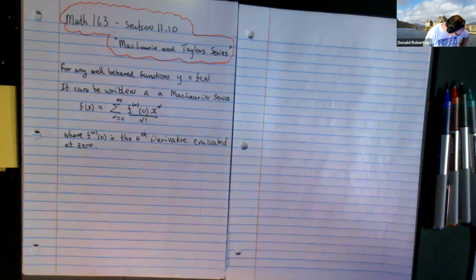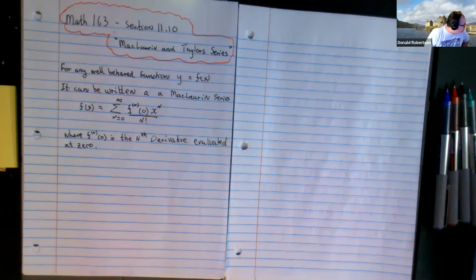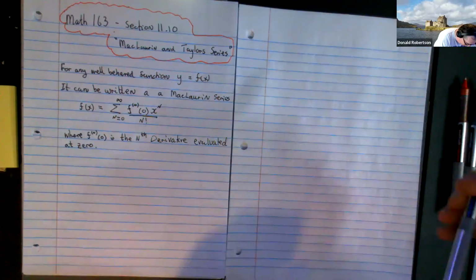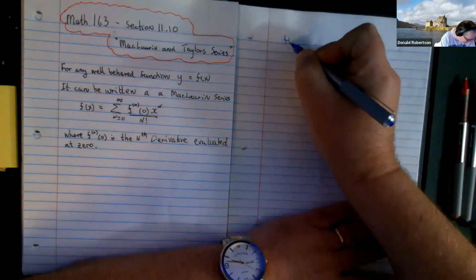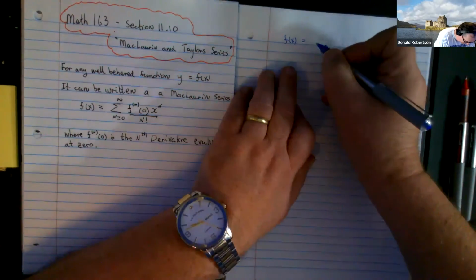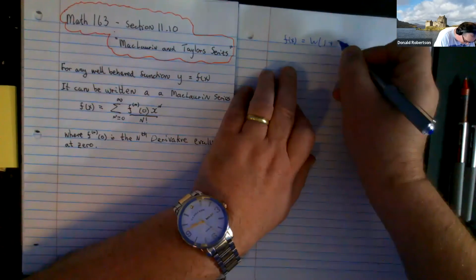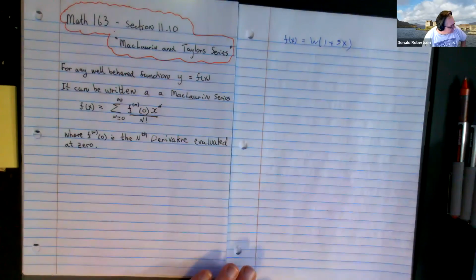Okay. Now, goodness gracious me, that's what I get for blethering. What are we going to do here? We are going to do a function from start to finish again. And I'm going to cheat by telling you a lot of the answers, right?